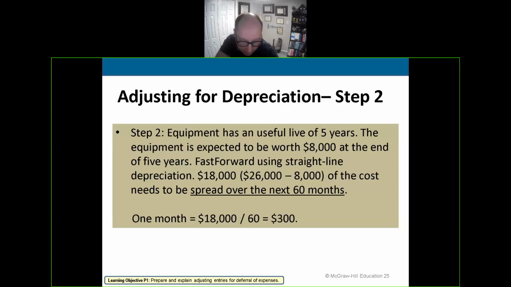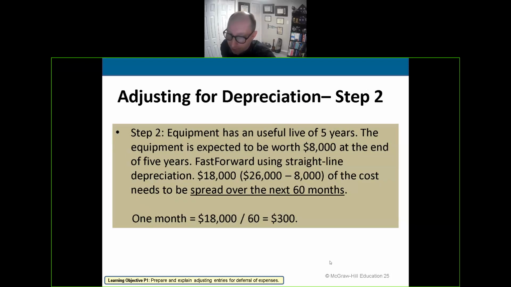Accumulated depreciation is called a contra account, which is technically a negative asset account. I already hear you, Dr. B, I've never heard of a negative asset account. A negative asset account is what we call a contra account. And it contras to the asset. It's a way of recognizing the reduction of the useful life of the asset.